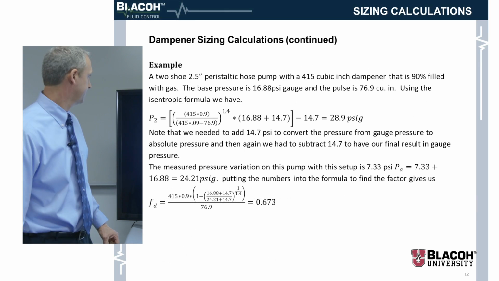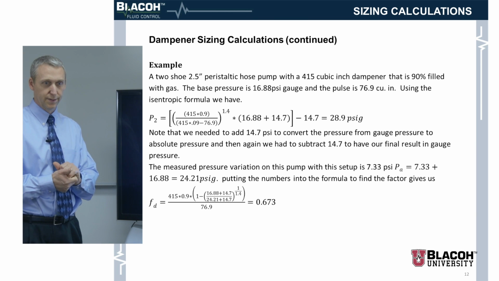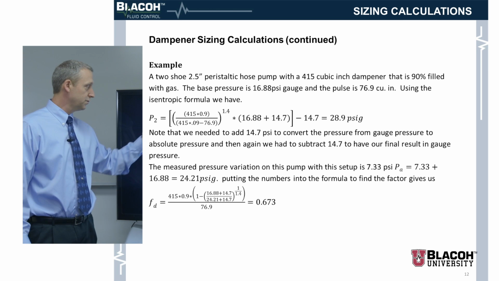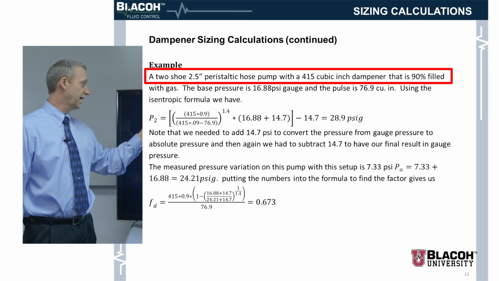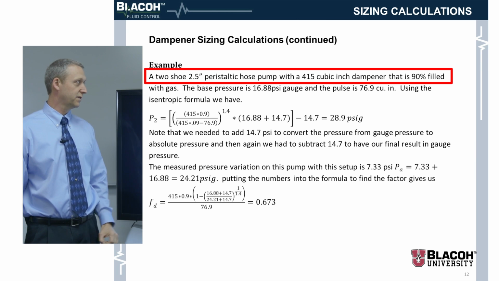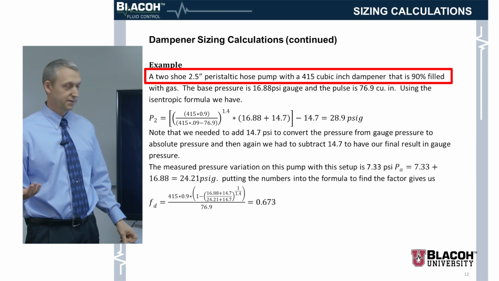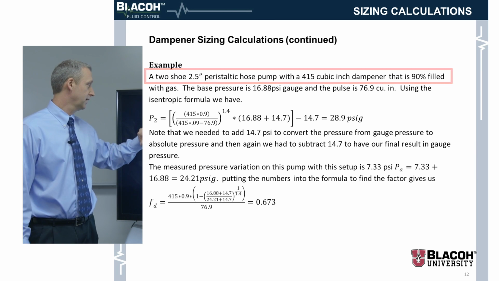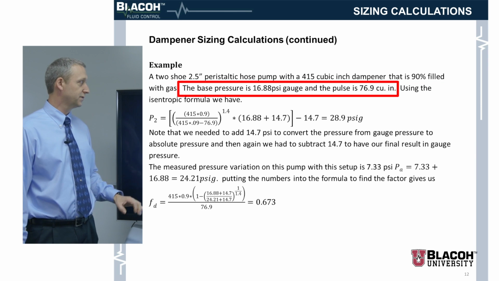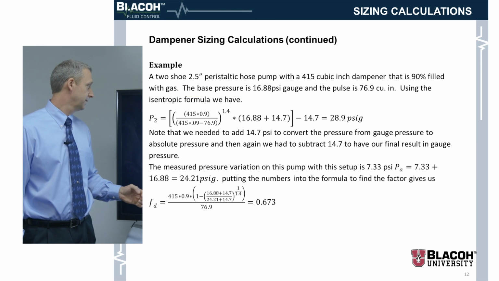Now let's look at an example here. We'll look at the hose pump that was on the previous graph. It's a 2-shoe peristaltic 2.5 inch hose pump with a 415 cubic inch dampener on it that is 90% filled with gas. The base pressure of the system is 16.88 psi, and the pulse is 76.9 cubic inches.